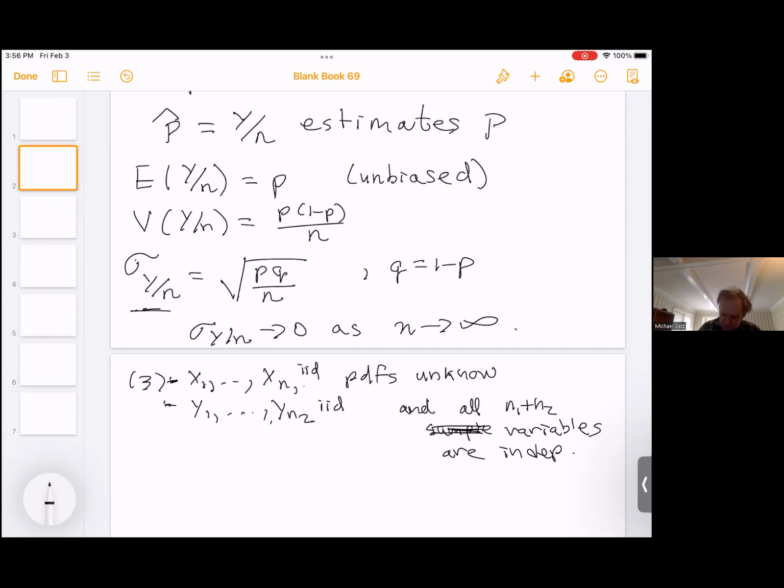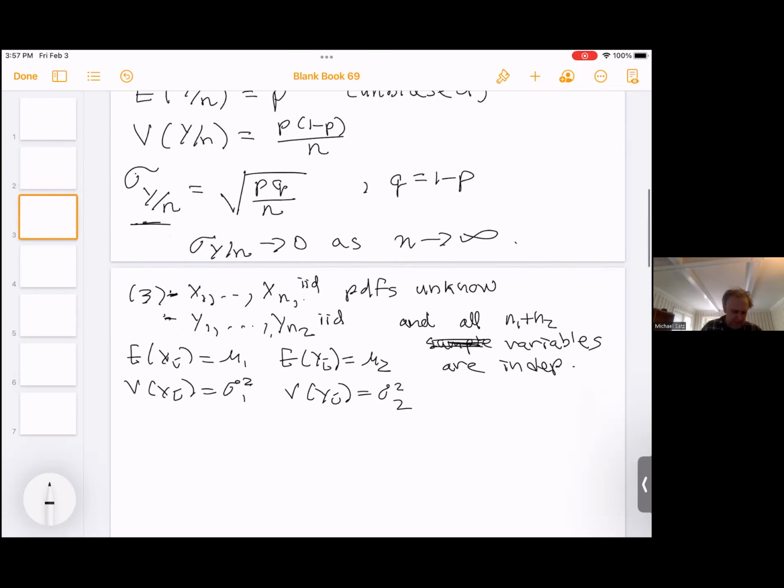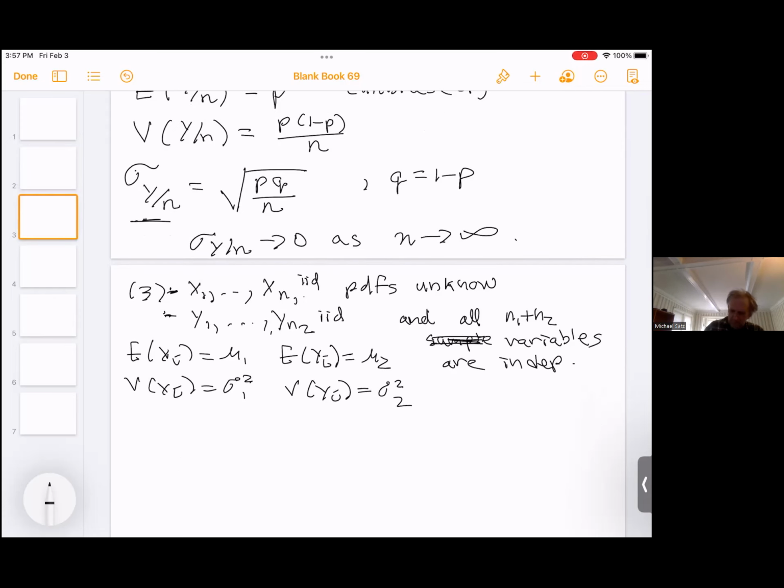They're also IID, so we can say E of Xi equals mu1, variance of Xi equals sigma squared 1, and E of Yi equals mu2, and variance of Yi equals sigma squared 2. We can name them, even if we don't know what they are. PDFs unknown. Maybe we want to estimate the difference in the means.